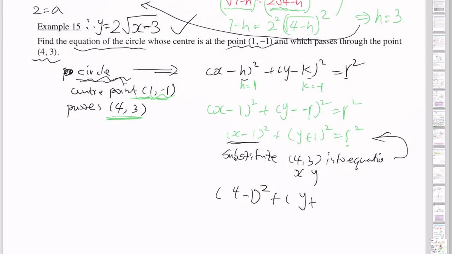Y is 3 in this case, so 3 plus 1 to the power of 2 equal to r squared. Then 4 minus 1 is 3 squared plus 3 plus 1 is 4 squared equal to r squared. That will give me 25 equal to r squared.